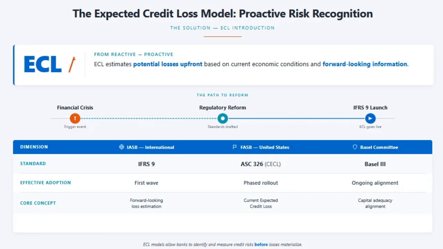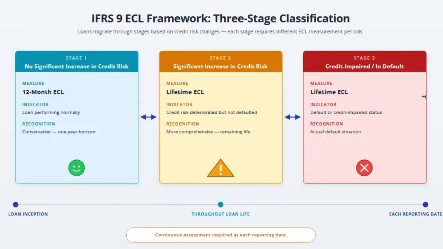The shift was seismic. Instead of waiting for defaults to happen, banks now had to estimate potential losses upfront based on current economic conditions and forward-looking information. And this is the expected credit loss model. It fundamentally changed how banks think about and report credit risk.